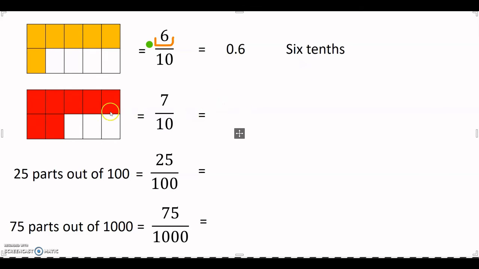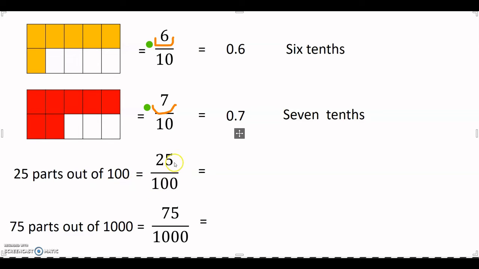Similarly, we have 7 boxes shaded out of 10. So in fractions we have 7 over 10. If you rewrite this as a decimal number, we have 0.7, or 7 tenths. We move the decimal point one place to the left. And here, the third example, we have 25 parts out of 100.